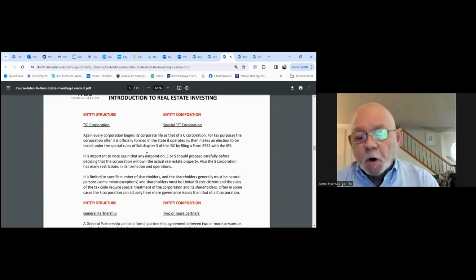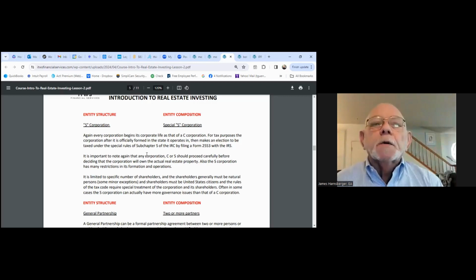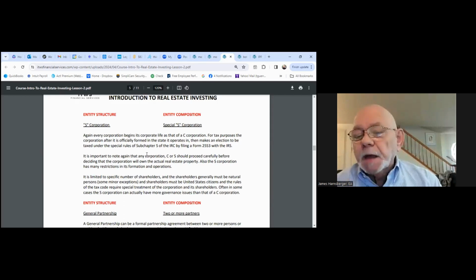Next, we have an S corporation, where the only distinction is that it's a C corporation that made a special S election using Form 2553 under the Internal Revenue Code, Subchapter S. This was established during the Eisenhower administration, basically aimed at family farms and small businesses after World War II, and all of the reformatting of our economy that allowed this unique attribute, so that you could have the protections and the benefits of a corporation, but not have all of the tax consequences because your profits wouldn't be subject to self-employment tax.